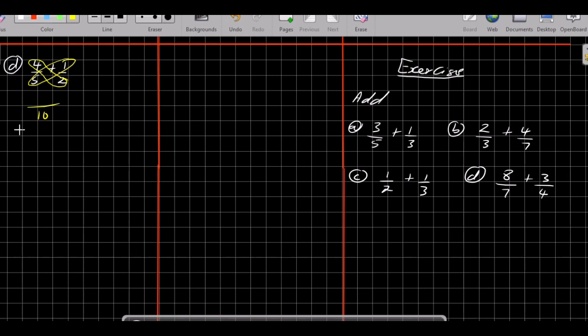So we are going to be having 4 times 2 plus 1 times 5 over 10. So 4 times 2, that's going to give me 8 plus 1 times 5, that's 5 over 10. So 8 plus 5, that's going to be 13. So this is an improper fraction, and we can still solve further by changing this to a mixed fraction. 10 can go in 13 one time, remainder what? 3. Then we have our denominator 10. So my final answer is going to be 1 whole number 3 over 10.